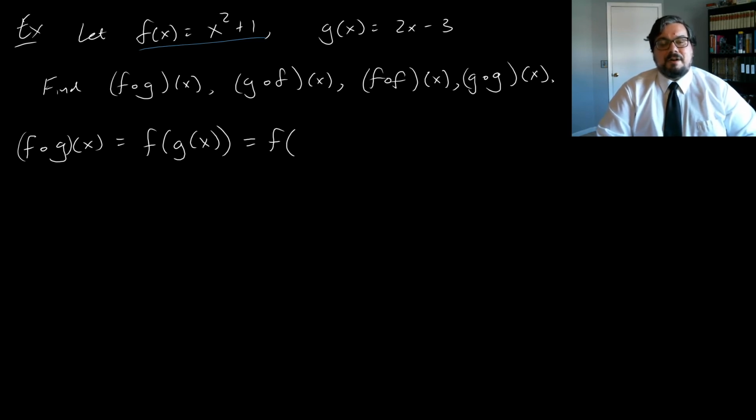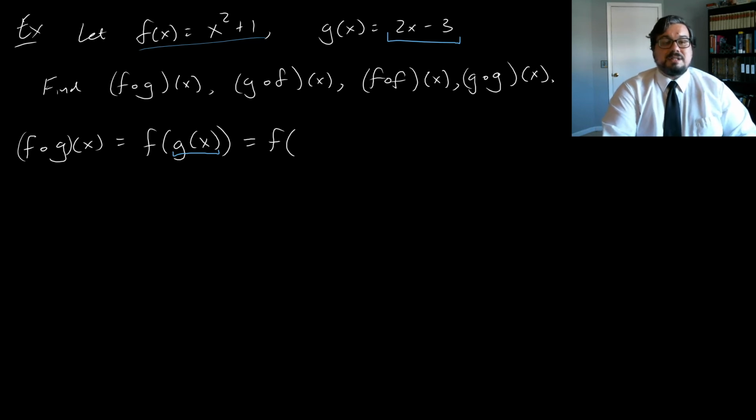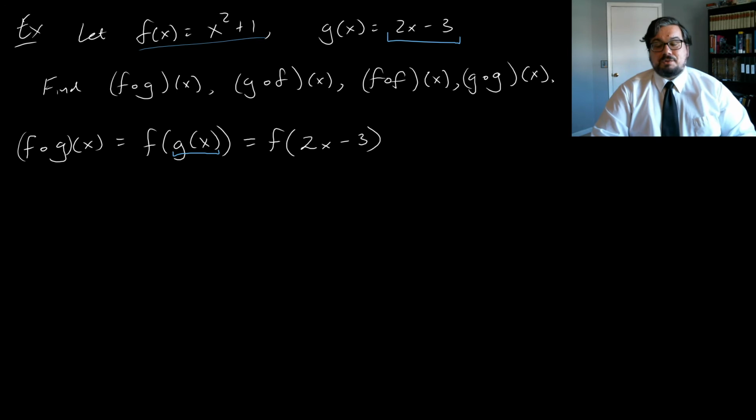If I want f of g of x, remember that g of x means the output of the g function when the input is x. We know from up above that when the input to the g function is x, the output is 2x minus 3. And therefore, instead of writing g of x here, we can write 2x minus 3. That is what g of x is.